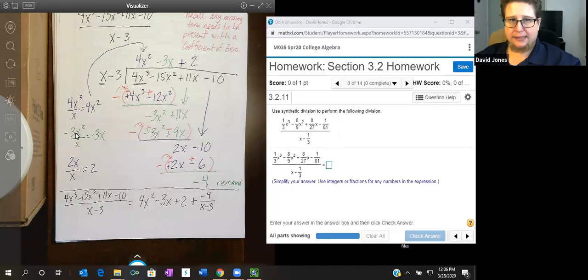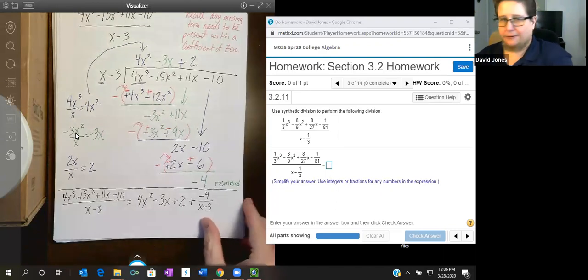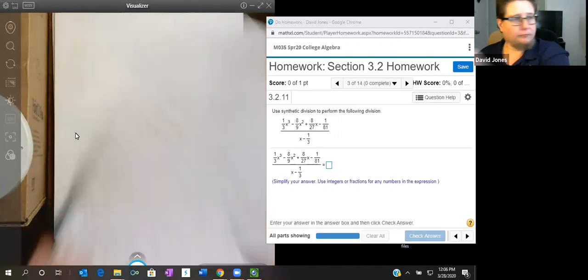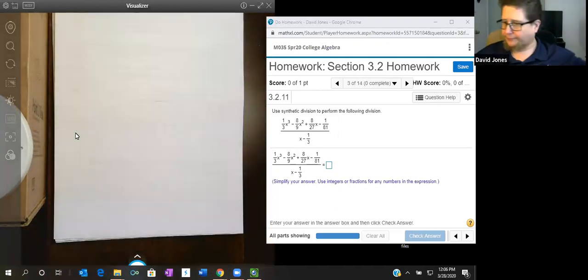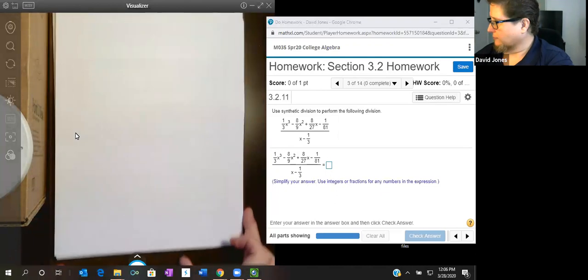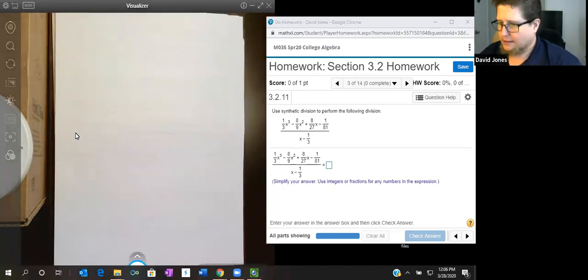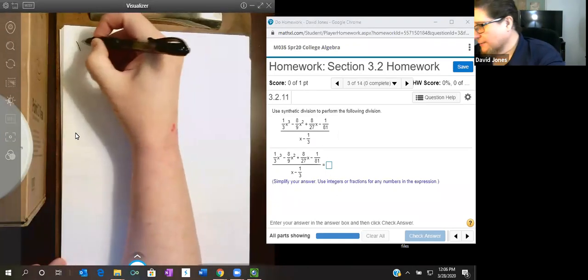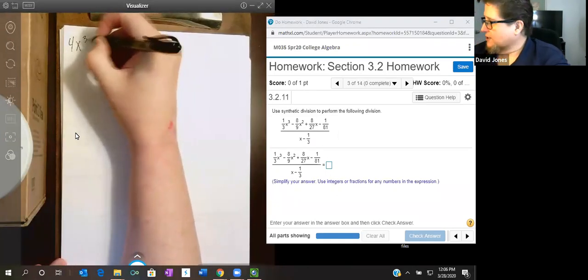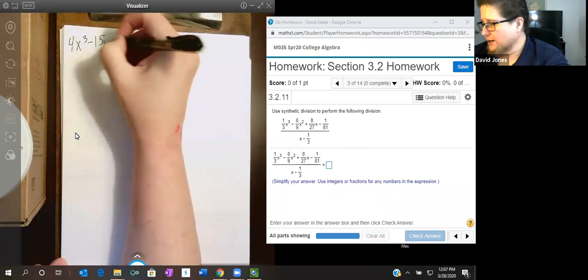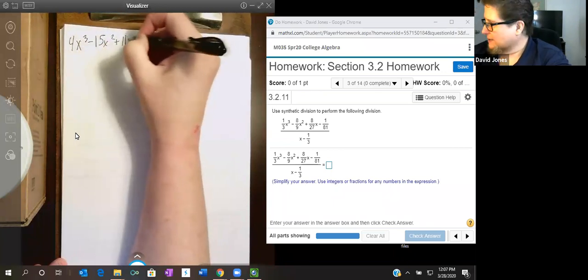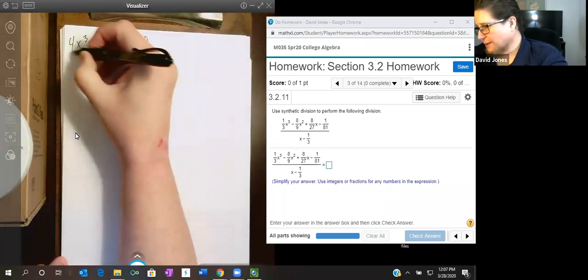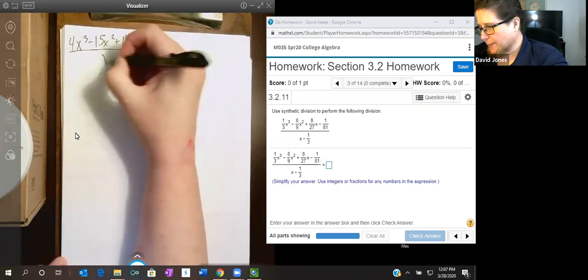All right, you guys ready to see synthetic division? Do this an easier way. So same problem. We already know what the answer is going to be. 4x cubed minus 15x squared plus 11x minus 10 divided by x minus 3.